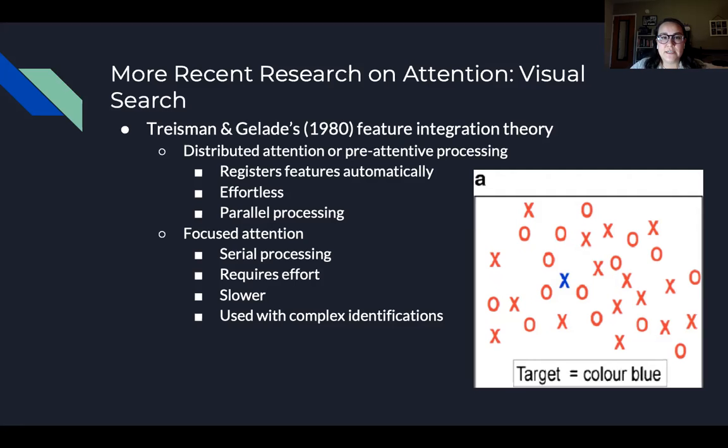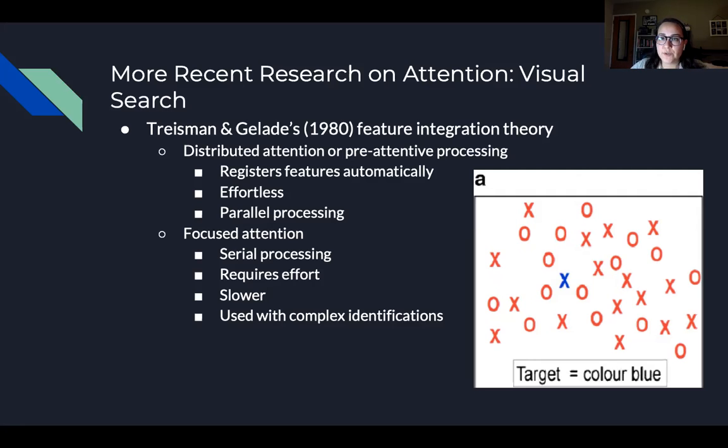Distributed attention registers features automatically, and it's so effortless that we're not even aware we are using it. That's why it's also described as pre-attentive processing. It happens outside of our conscious awareness, and it's just second nature.